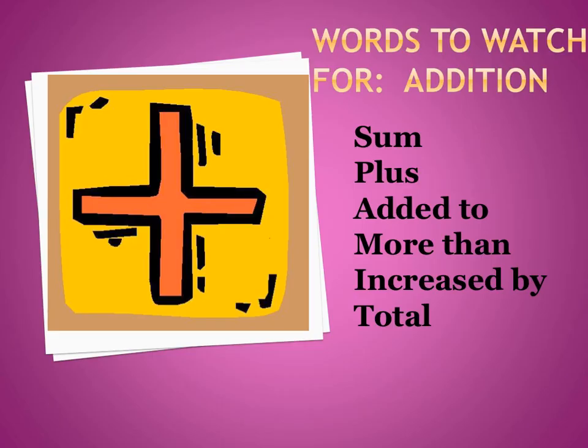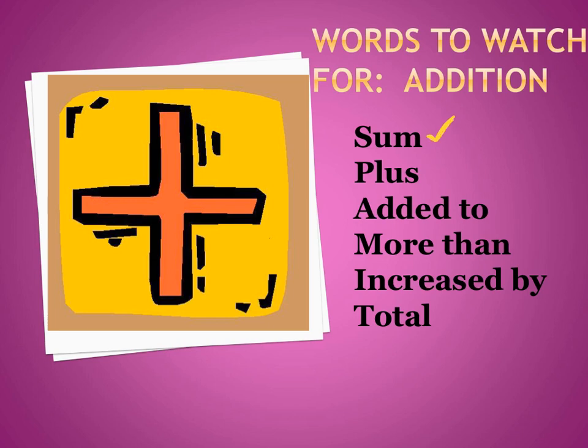So, when you are looking for words for addition, do you see the addition box on your notes? I would highly suggest that you write all of these down, okay? So, words to watch out for when you see these in a sentence or in a word problem, as we're eventually going to get, these are the type of things that should alert you that you are dealing with adding two numbers. The first one, if it says the sum, okay?